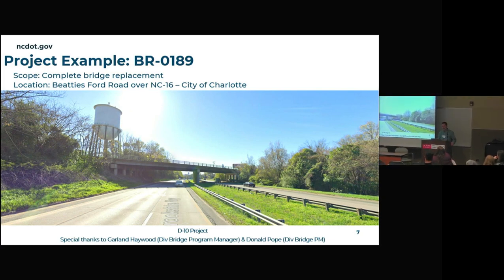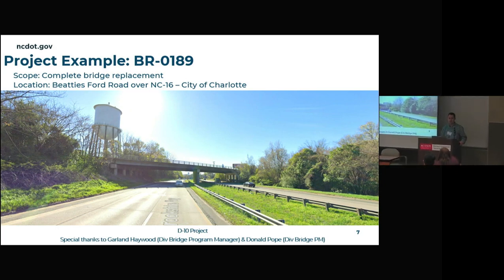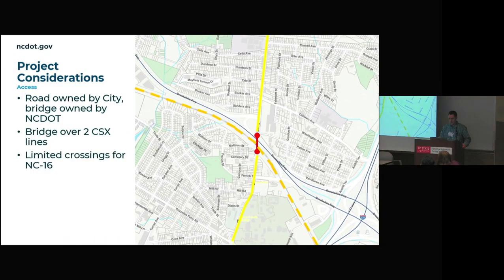The road itself is Beatty's Ford Road over North Carolina 16 and CSX rail spurs. This is a view of that bridge looking south on NC 16. You can actually see the water tower, which is a historic landmark. We'll talk more about that in a second. So with this project, it's a pretty significant bridge, a pretty important bridge for the city of Charlotte.